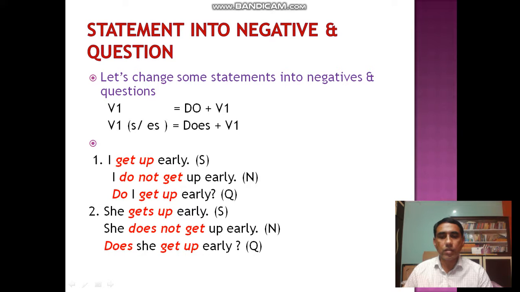She does not get up early. Look here how V1 S oblique S is equal to does plus V1. So I write here does plus not plus get. In the question, does she get up early? Understand? Good.